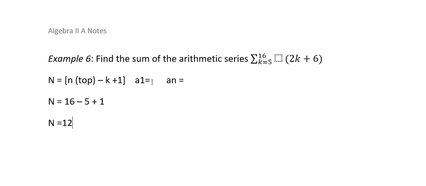Okay, the a sub 1, your first number, is what happens when you plug in k. That's the first number of our sequence. So a sub 1, and we're plugging these into the function, is 2 times 5 plus 6, or 16.